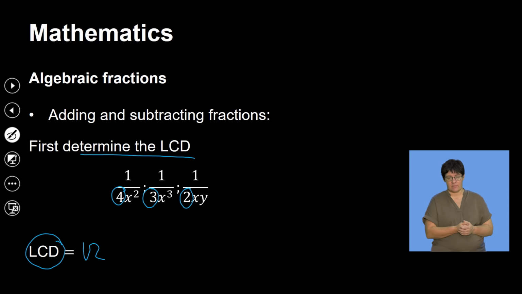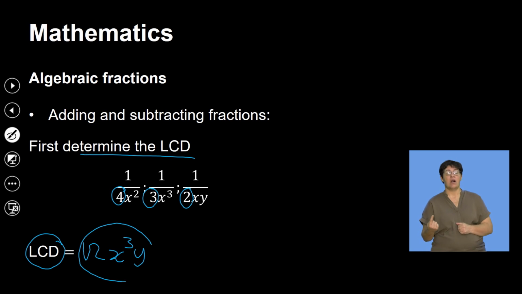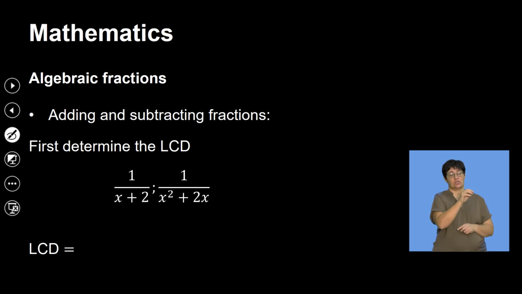Then from there, x squared and x cubed. I know that x cubed has x squared in it and also has that x there, so it becomes x cubed, and then I also need a y because the last one has a y, right? Now, remember when you're dealing with fractions, the goal is to always have your denominators be the same. So you will multiply each fraction by whatever factor will make the denominator the same, which is in this instance 12x cubed y.